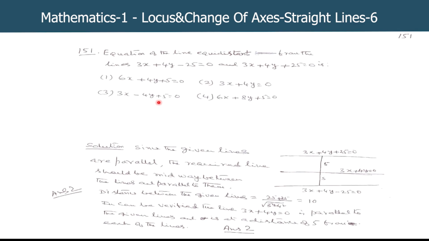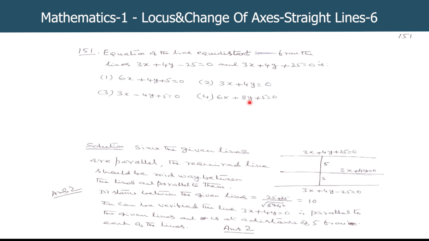Next, 151. Equation of the line equidistant from the lines 3x plus 4y minus 25 equal to 0 and 3x plus 4y plus 25 equal to 0 is: 6x plus 4y plus 5 equal to 0, 3x plus 4y equal to 0, 3x minus 4y equal to 0, and 6x plus 8y plus 5 equal to 0.